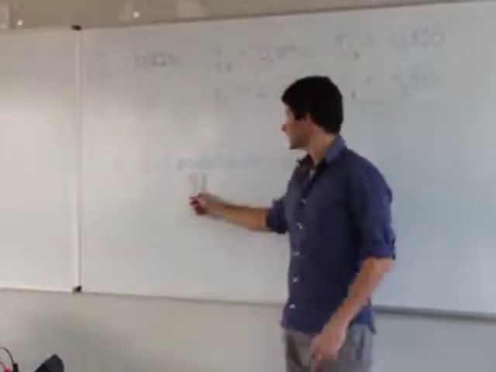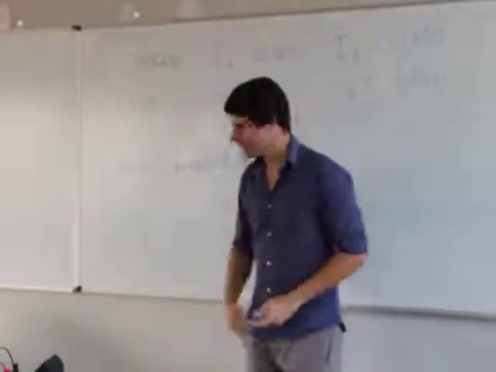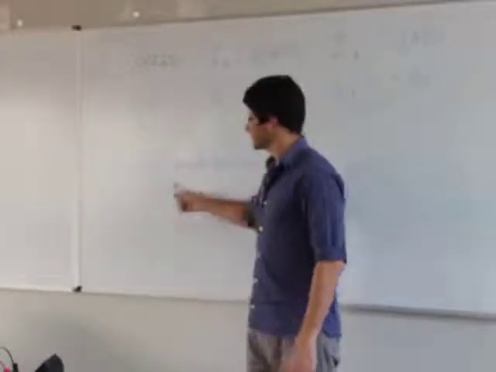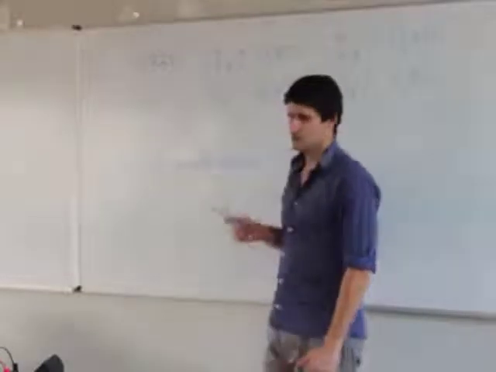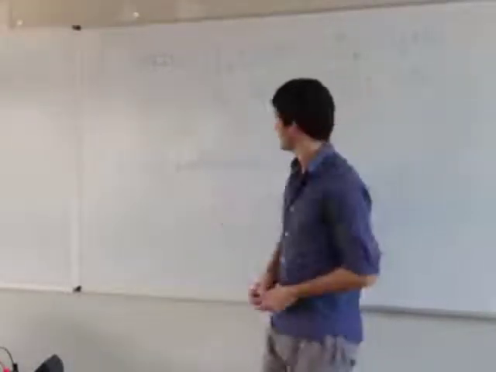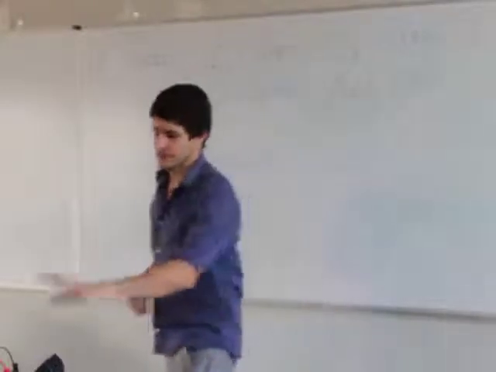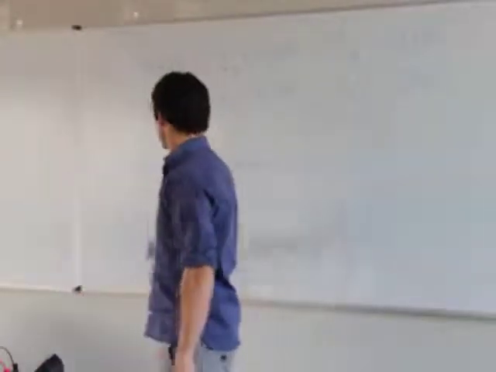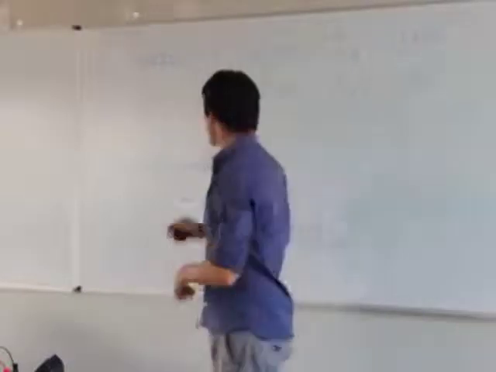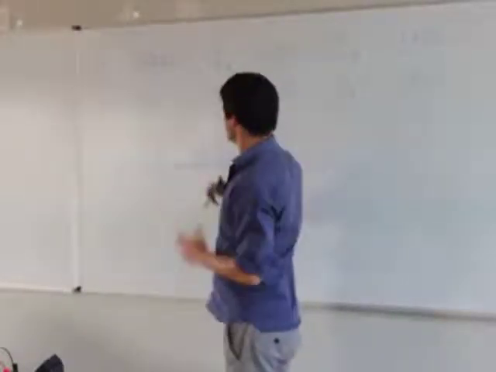The current through the circuit is directly proportional to the potential difference across that light bulb. So the current through the light bulb is directly proportional to the potential difference across it. Directly proportional means as one increases, the other increases.